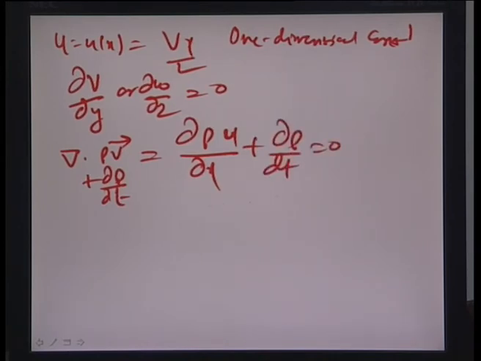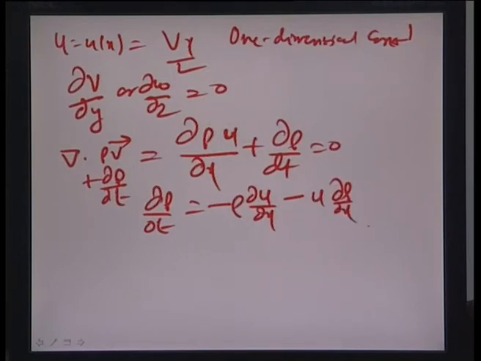So if we try to figure out what this value would be, ∂ρ/∂t becomes equal to minus ρ ∂u/∂x minus u ∂ρ/∂x.